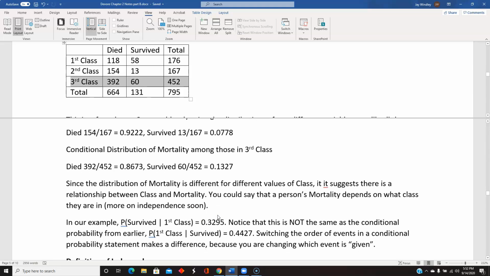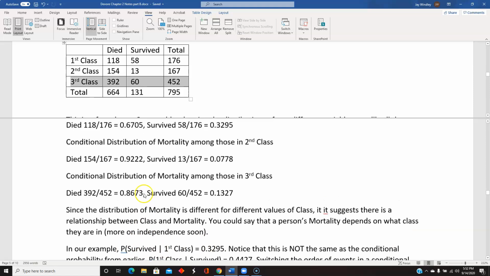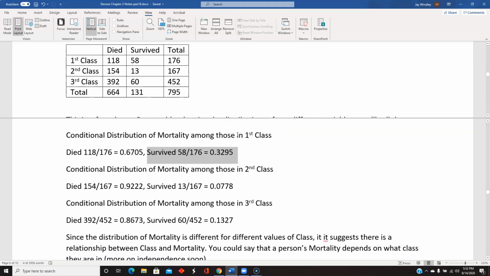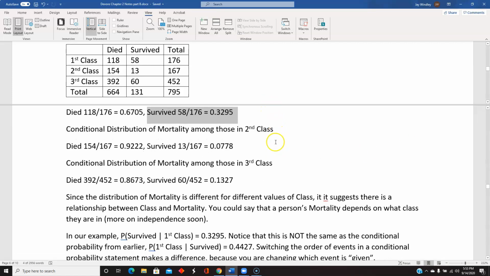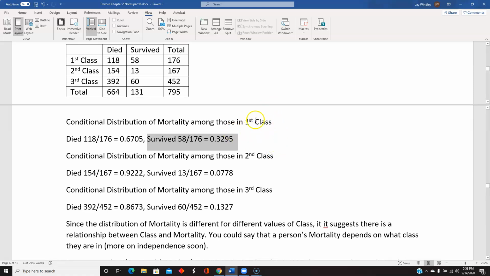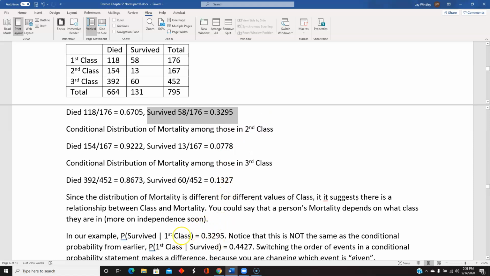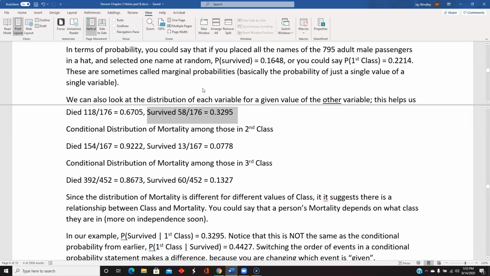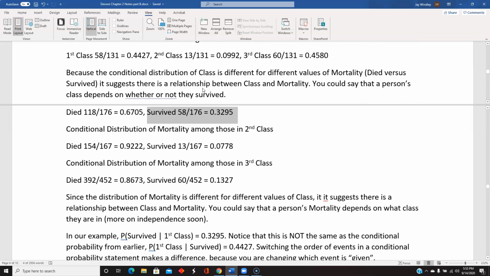And you could say that a person's mortality, whether or not they die or survive, depends on what class they're in. And another thing is, so for example, the probability, this number right here, the probability that someone survived, given that they're in first class. So among those in first class, 33% survived. And also notice that this is not the same as the other conditional probability we had right here.